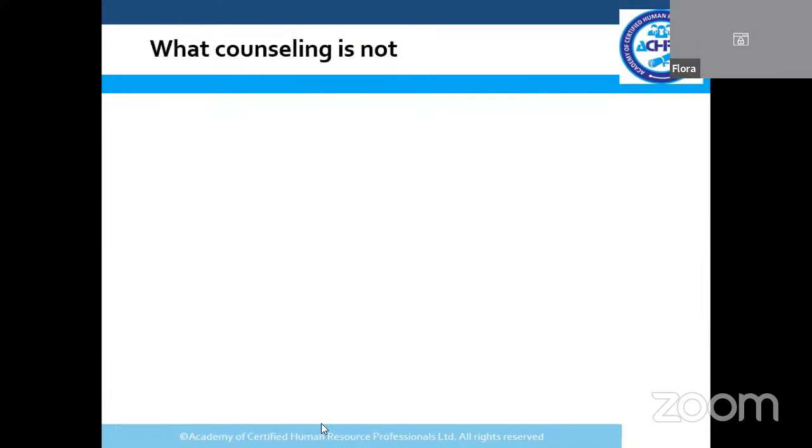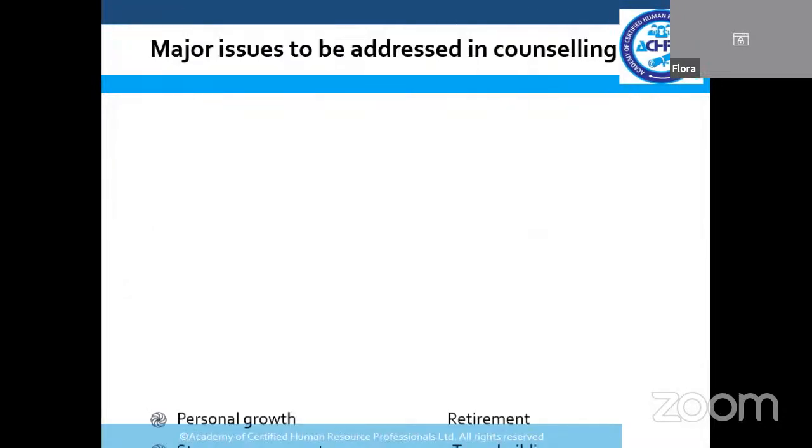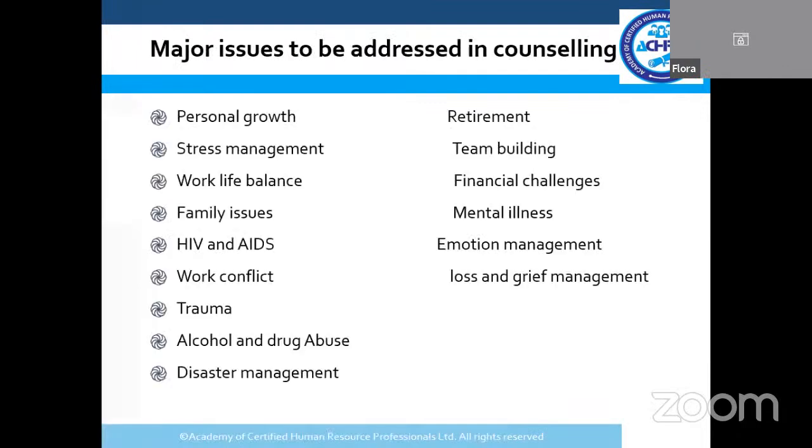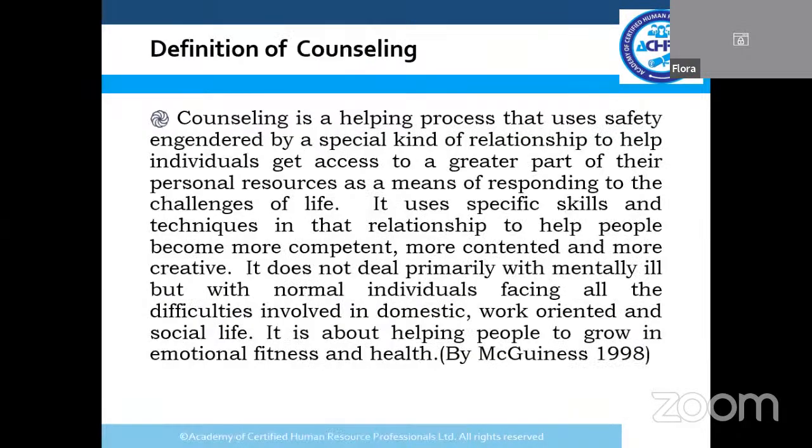And this counseling is about helping people, so that they can grow in emotional fitness and health. How are they going to grow in emotional fitness? This is whereby they're going to vent out.